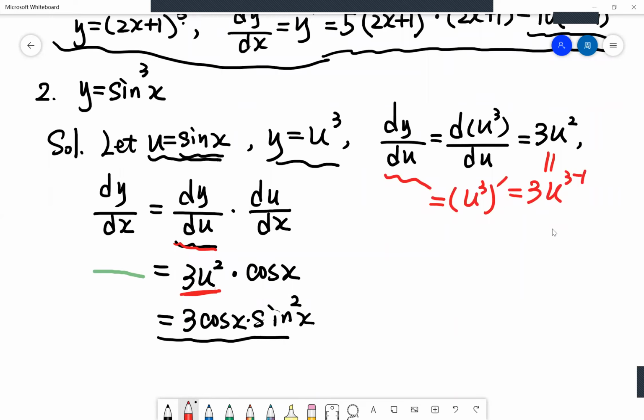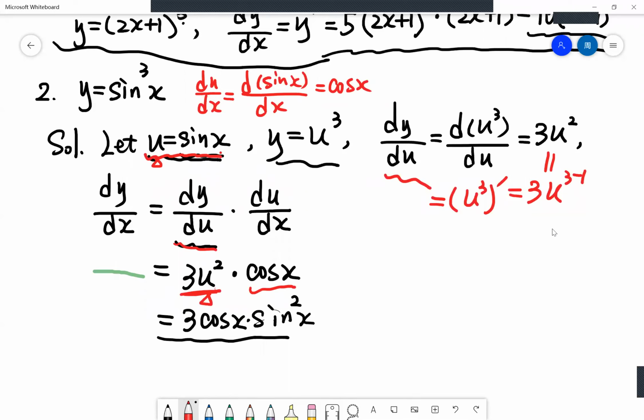And then second part, du by dx, because u equals sine x, right? So du by dx, that is d sine x by dx. So that is cosine x. And the last step, we substitute u back, and u equals sine x, right?